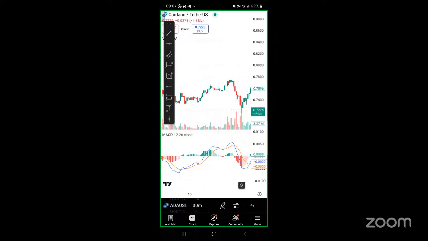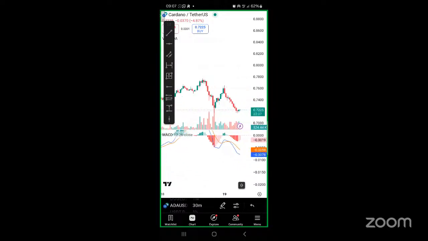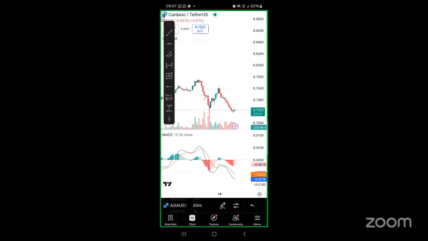Let's look for those moments. Can you see it here? The blue line was moving up and then it crossed the orange line and started moving down below the orange line.